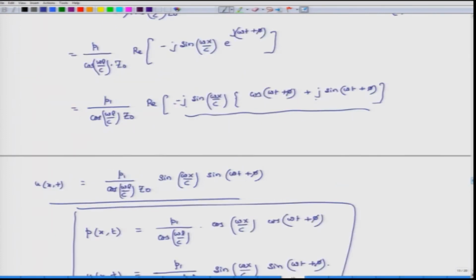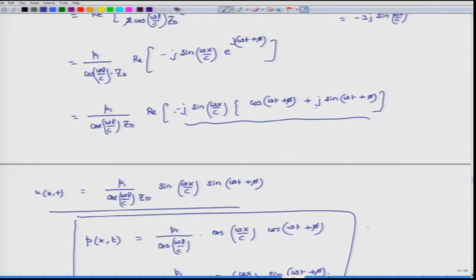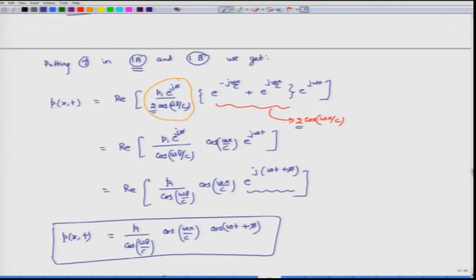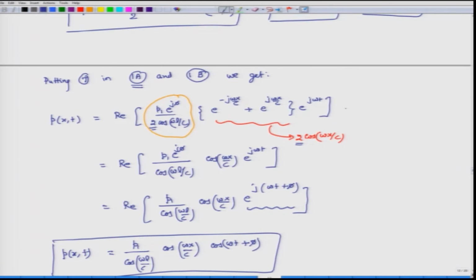Now, let us look at these equations a little bit more carefully. This is the equation we got from equation 1a.